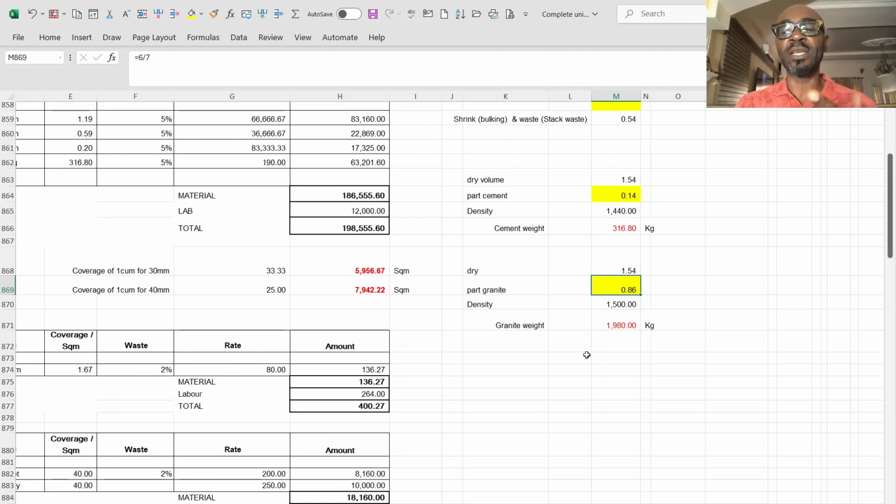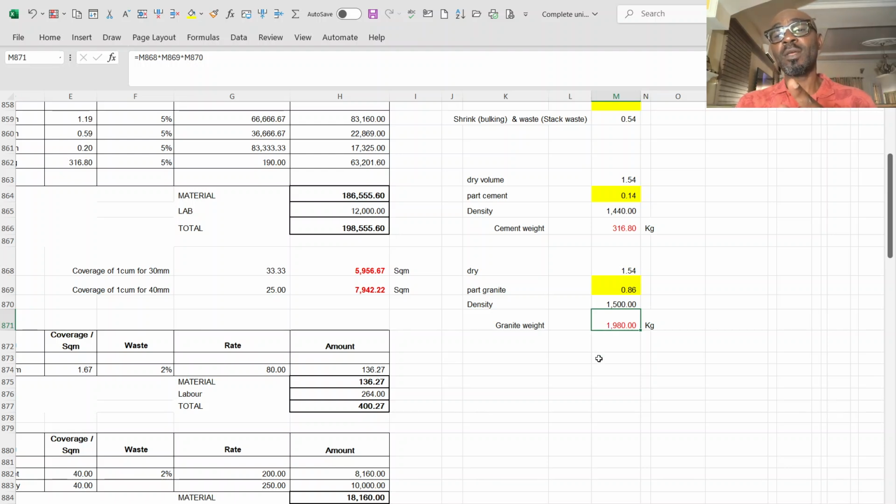Then you multiply the three. This is the density of granite, which is 1,500. You multiply these three figures, you have 1,980 kilogram of granite you need for a cubic meter of this design mix.